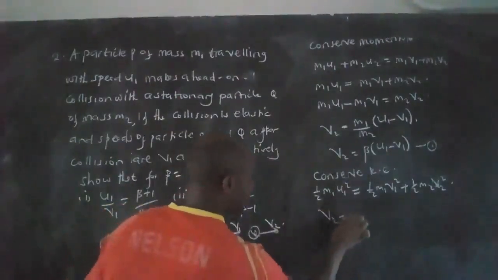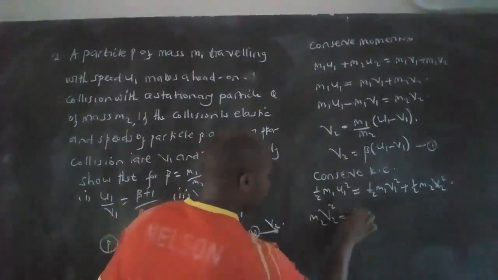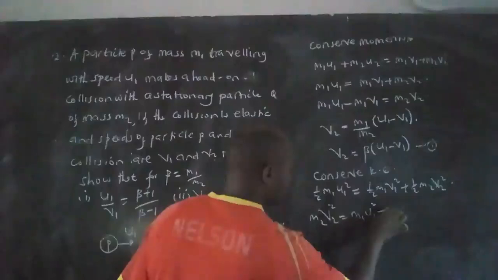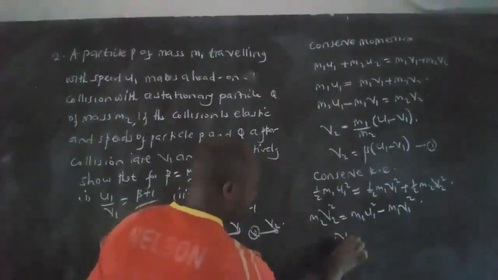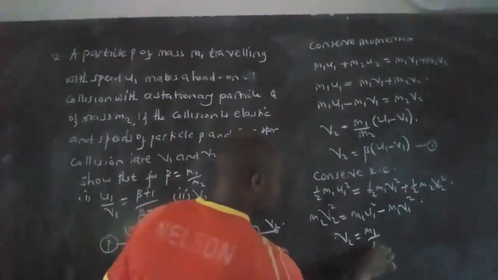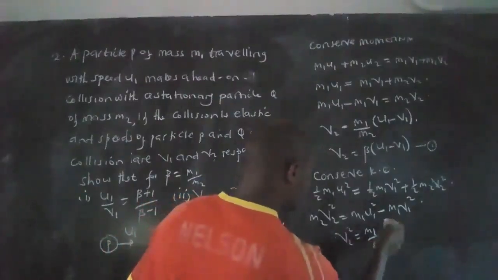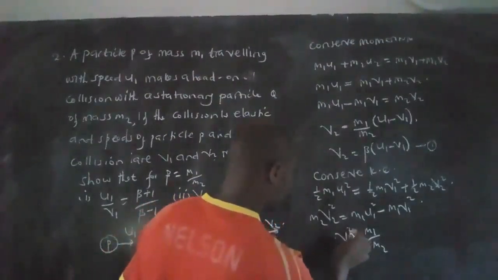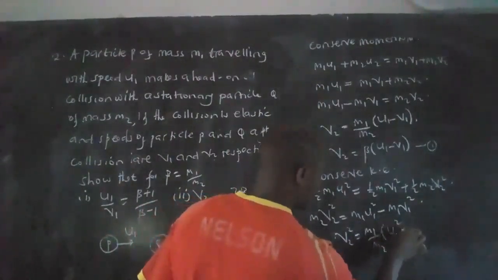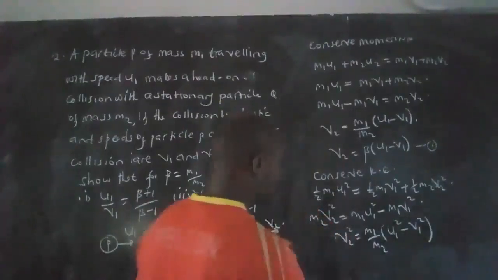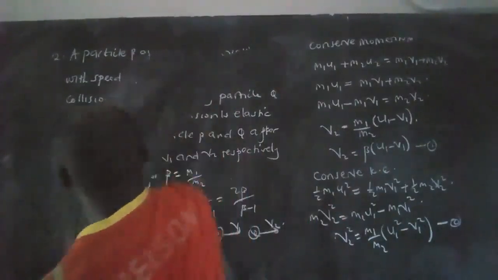So m2 v2 squared will become m1 u1 squared minus m1 v1 squared. So v2 squared will become m1 over m2 into u1 squared minus v1 squared. So equation 2. Put 1 in 2.